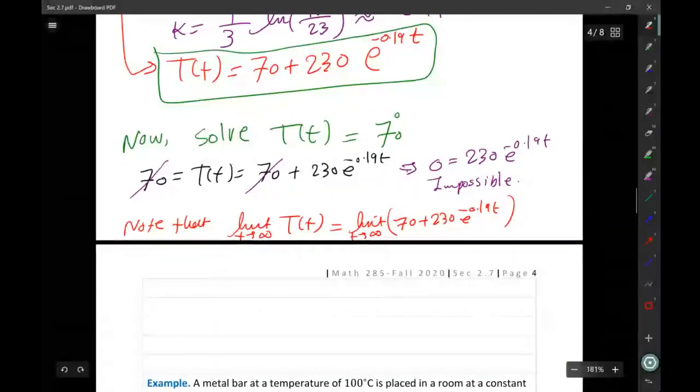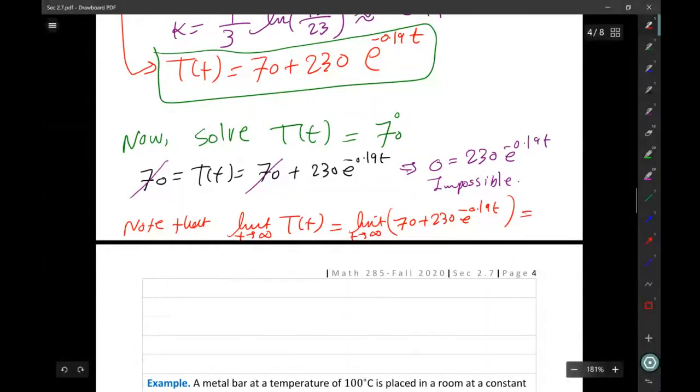Because of the negative exponential, this limit becomes 0, so that becomes 70. What does this mean?